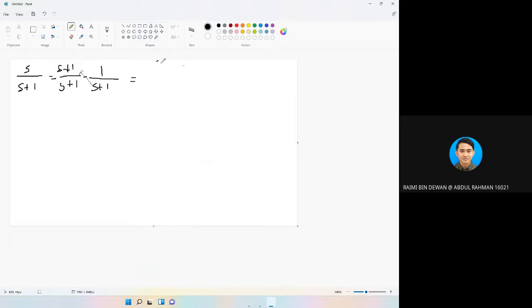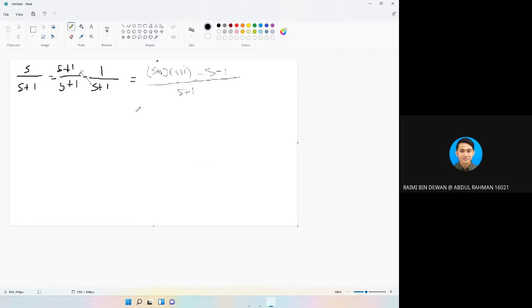I'm teaching mathematics now. So s plus 1 over s plus 1. This is just to show how it can finally become this, right? Then you have s plus 1, then minus s minus 1.